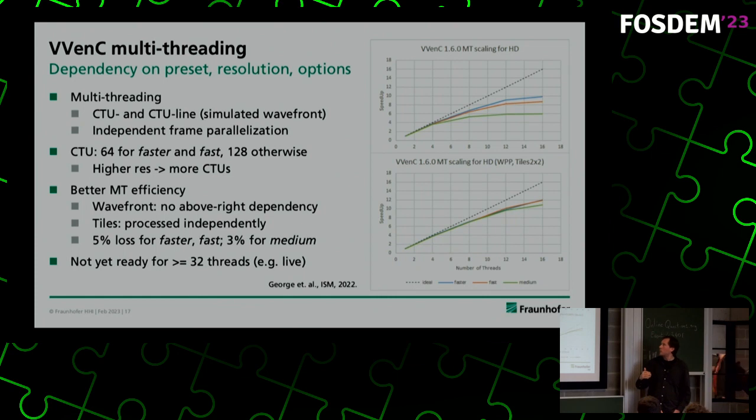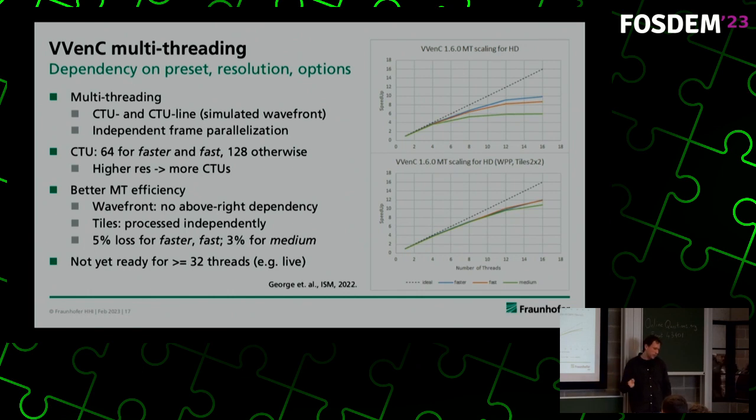Exactly, and how can we improve the scaling? We can improve the scaling by enabling normative features of VVC. So either doing tiles, that is independent regions within the picture, or enabling the normative wavefront, which allows us to kill one dependency within the encoding. And this is on the bottom right.